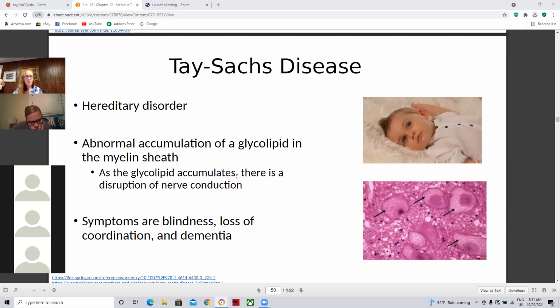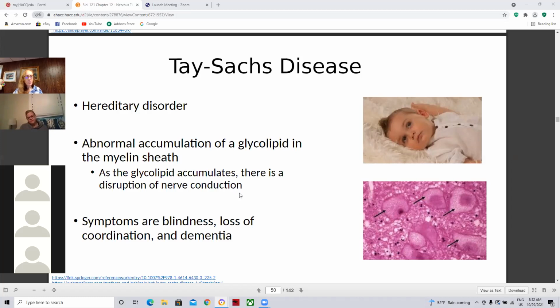As the glycolipid accumulates, there's a disruption of nerve conduction. So if you can't break down a glycolipid, anything that you can't break down in the body is going to just accumulate. So Tay-Sachs disease is an abnormal accumulation of a glycolipid in the myelin sheath.